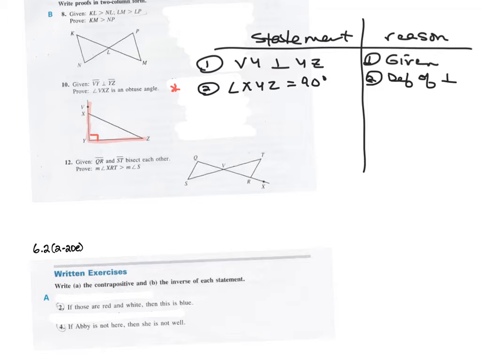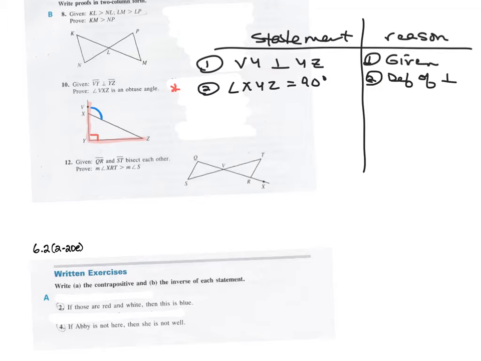Next, remember, what we need to get into our proof is that this angle here, VXZ, is obtuse. Now, notice this angle is the exterior angle of this triangle. So I'm also going to be bringing in that exterior angle inequality theorem.